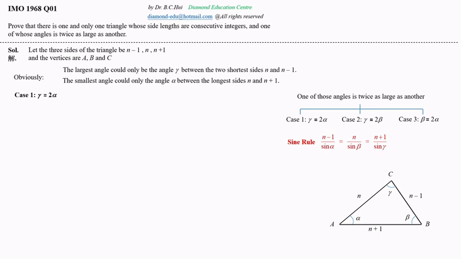Now let's consider the first case, gamma equals 2 alpha. Beta becomes 180 degrees minus 3 alpha. So, according to the sine rule, we have n over n minus 1 equals sine beta over sine alpha, where beta equals 180 degrees minus 3 alpha.